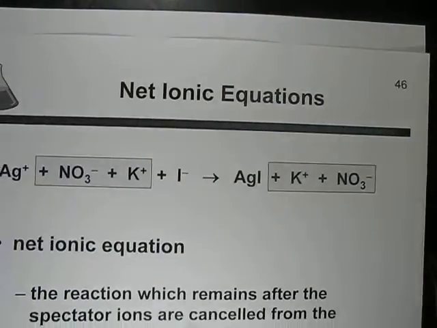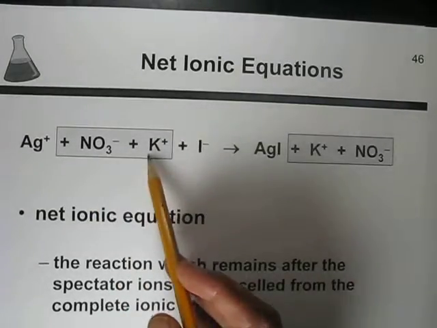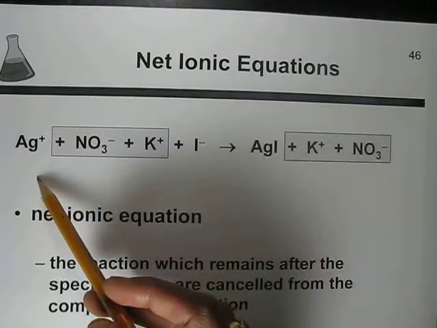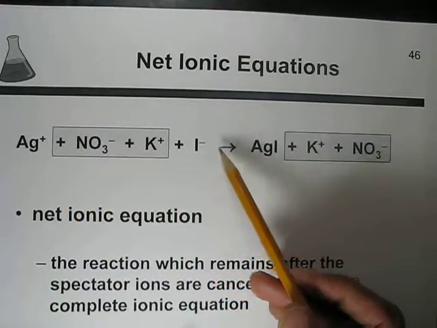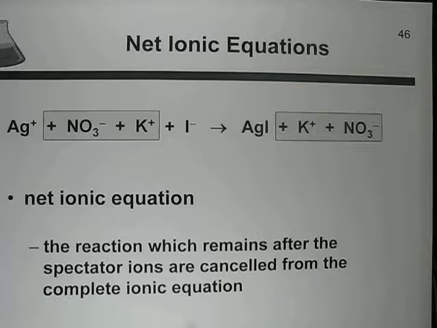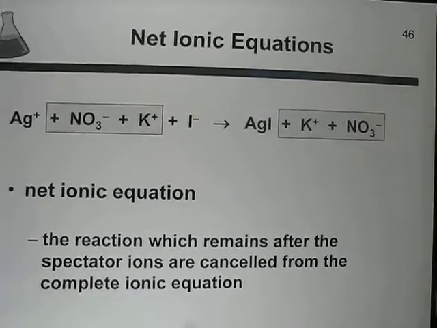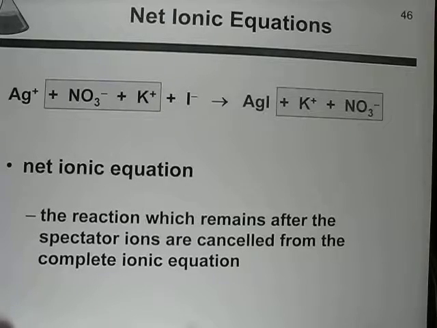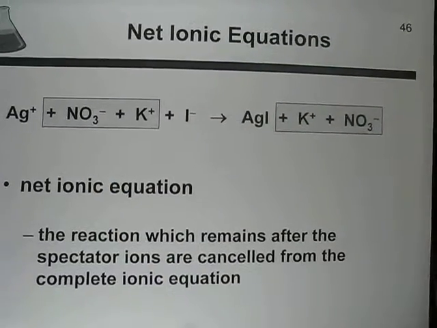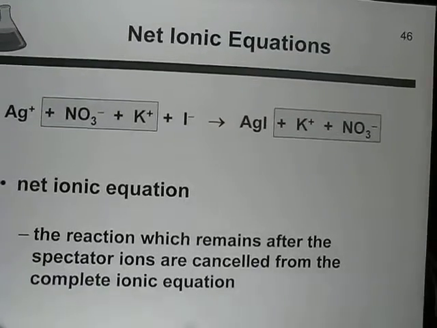In this reaction, these two ions are spectator ions because they are not participating, and the net ionic equation will be silver ion plus iodide ion gives silver iodide. The net ionic equation is the reaction which remains after the spectator ions are cancelled from the complete ionic equation. So we cancel these spectator ions, the remaining species remain, and they make the net ionic equation.